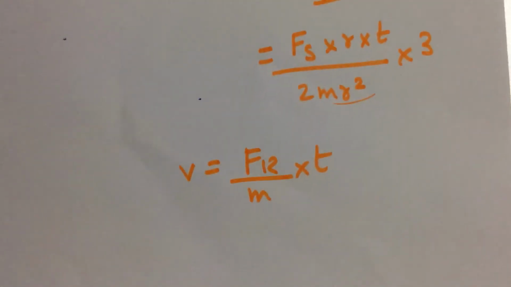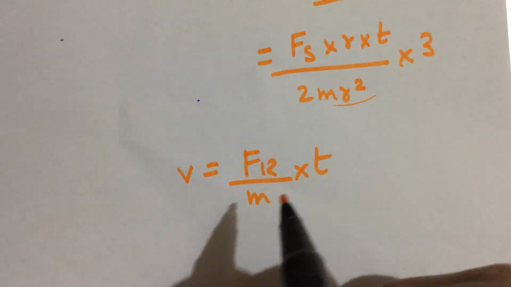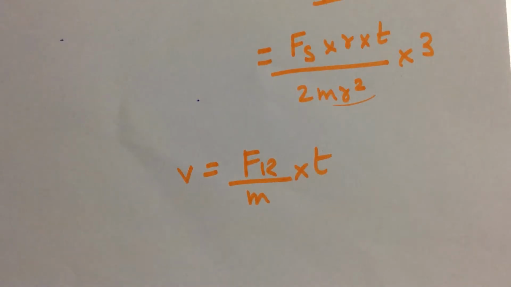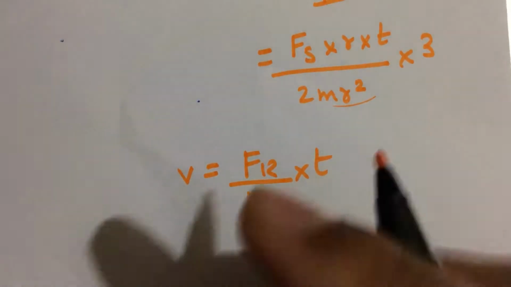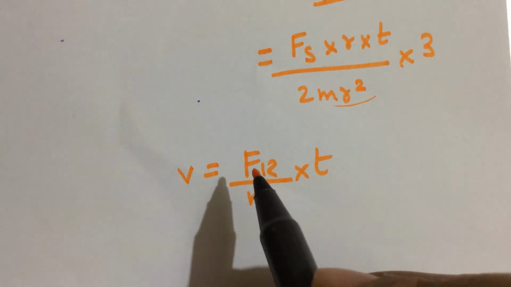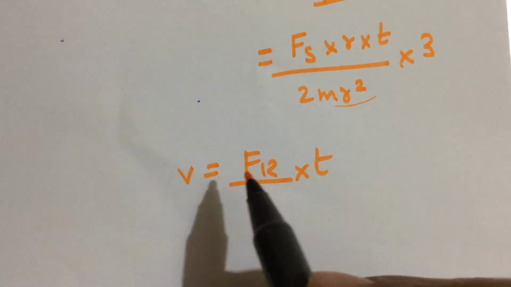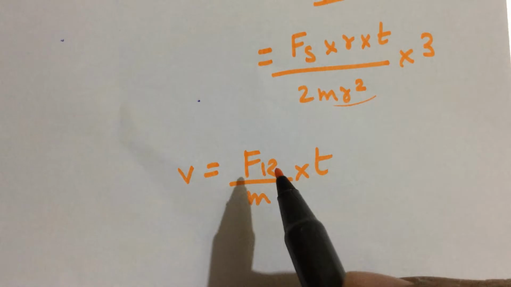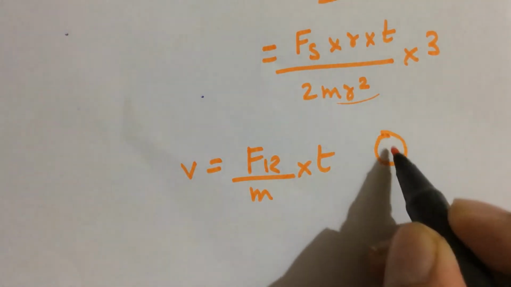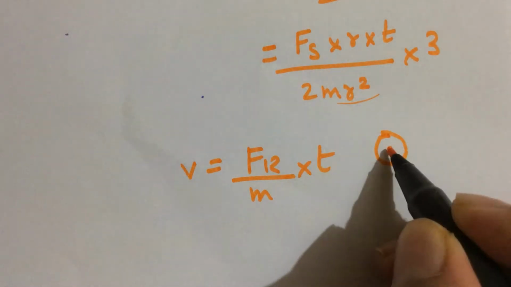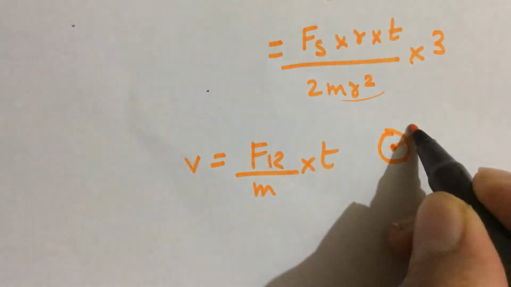Now the second variable is V is equal to Fk by m into t. Now you must understand what Fk is. Fk is basically the force that goes into the translatory motion of the football. Translatory motion as in, here's my football, okay? There's a certain force that is making it move in the forward direction.